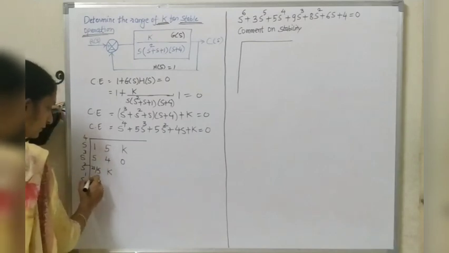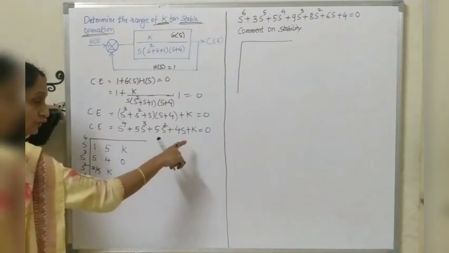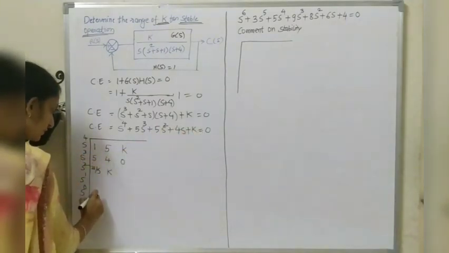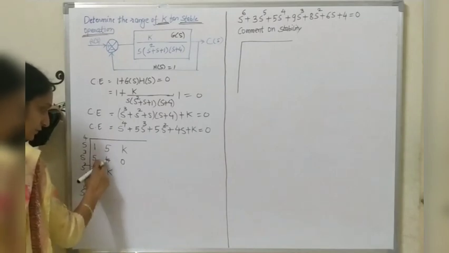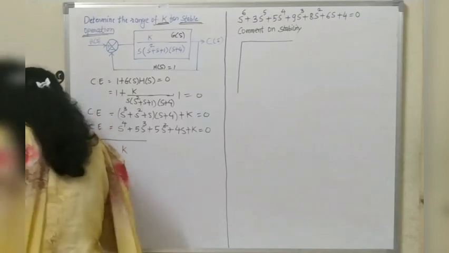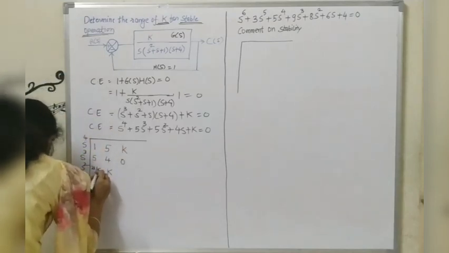Last, for s raised to power 0, we have to put the coefficient of s raised to power 0, which is k. Again I need to multiply this into this, minus 5k upon this term. Here 21 by 5 is actually 4.2.